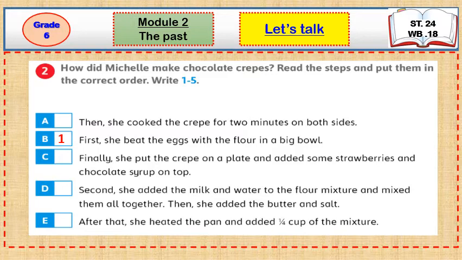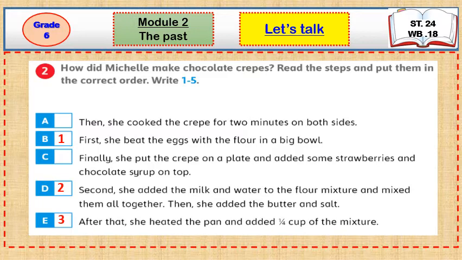Number 2. Which one? Yes, second, she added the milk and water to the flour mixture and mixed them all together. Then she added the butter and salt. Number 3, which one, number 3?